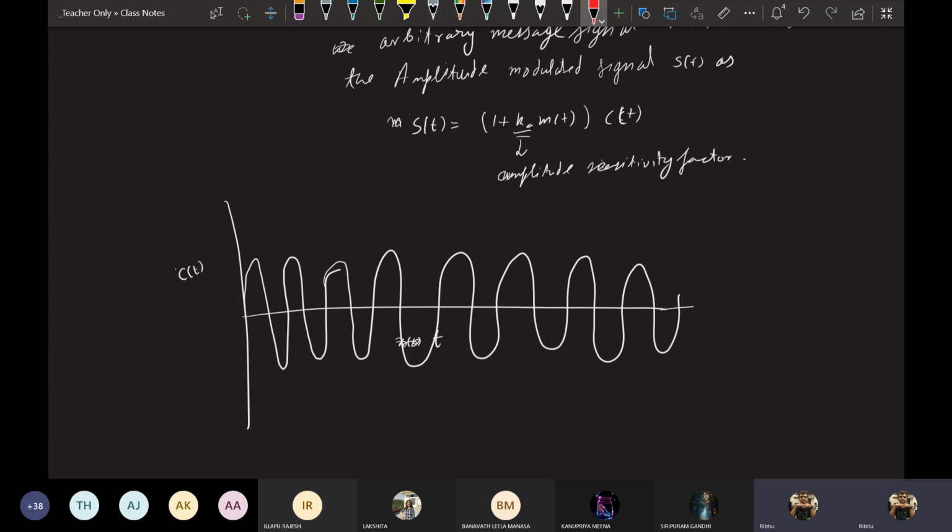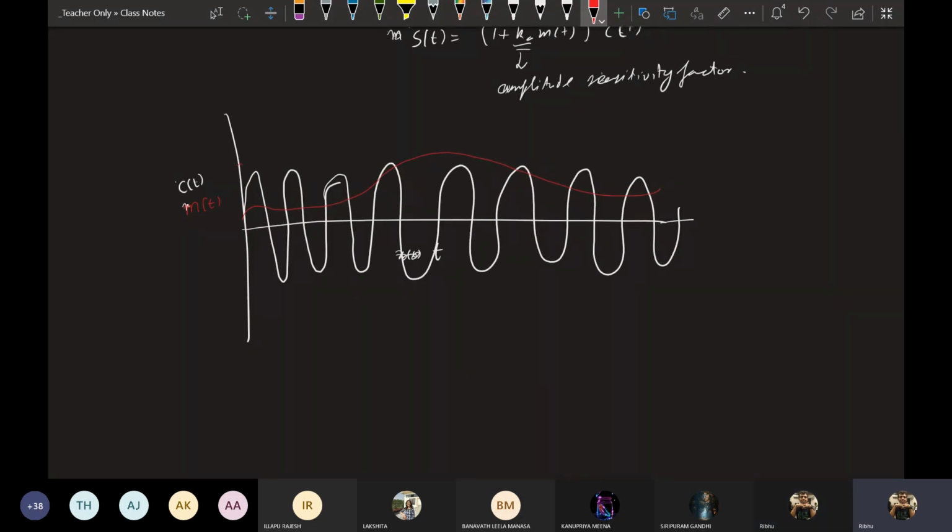And let the red one denote m(t), the message signal. Fine. And 1 plus m(t) times c(t) simply means that this c(t) gets amplified, so I'll draw it here. Oh, so the choice of m(t) was wrong.